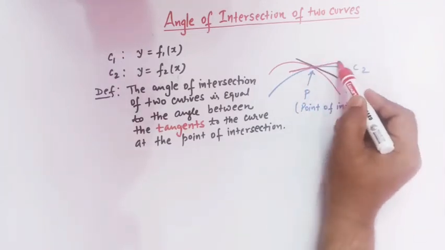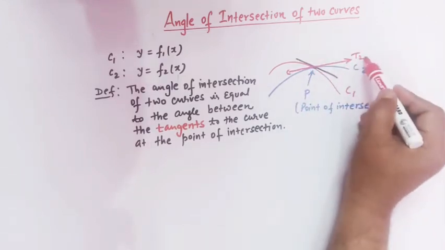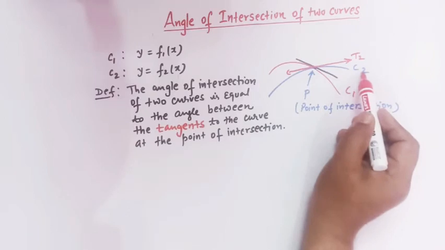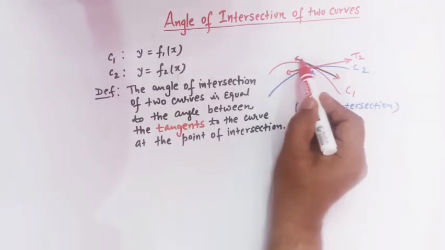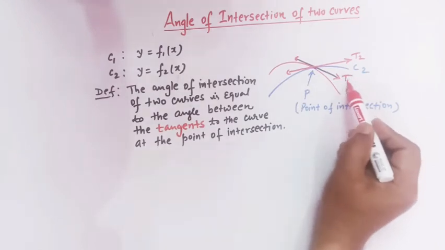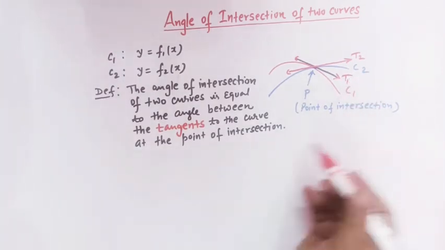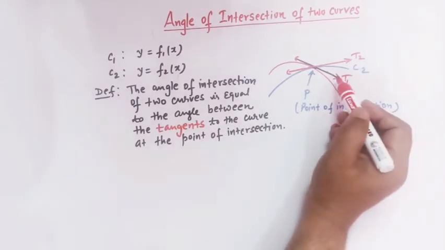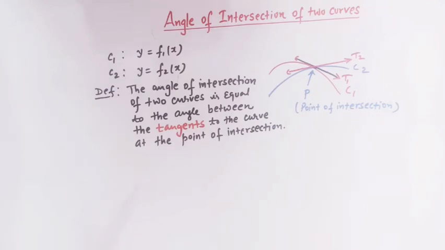So this is the tangent. T2 is the tangent to the curve C2, and T1 is the tangent to the curve C1, right? Now the angle between T1 and T2 is known as the angle of intersection of these two curves.